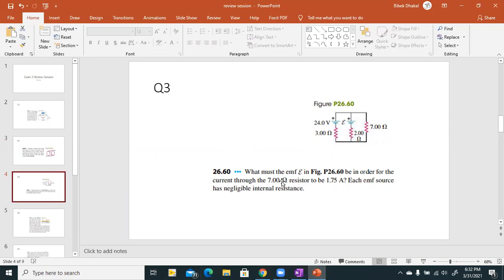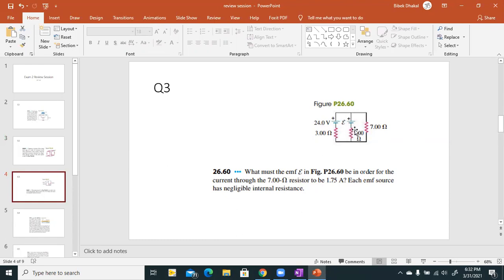So let's do this. You have 2 batteries, right? And there are 3 resistors, and you have two rooms, or I call them rooms, but you definitely need to make loops, and you need to solve the equations for those loops in order to find the EMF source. So what must be the EMF E?